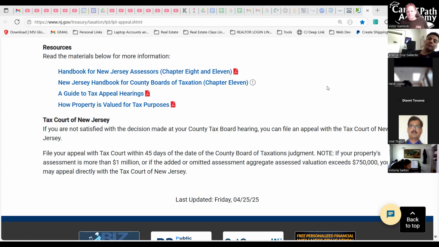Let me ask you a question. When a developer buys a large piece of land that they're going to put, let's just say, a bunch of low-income housing on, you think that they paid at least $1 million for that land? Do you think now they're going to have to pay the mansion tax on that raw land that they bought, that they're going to build low-income and affordable housing on?